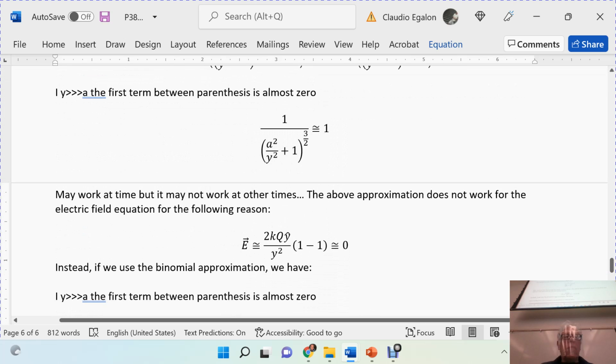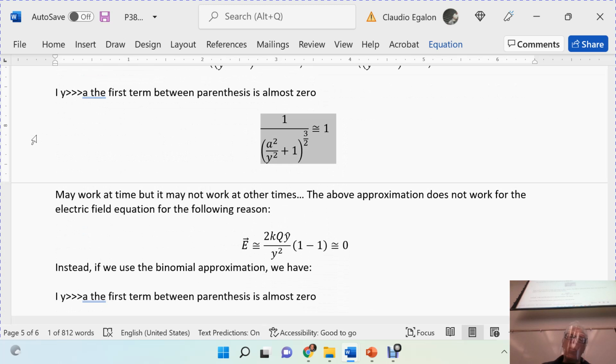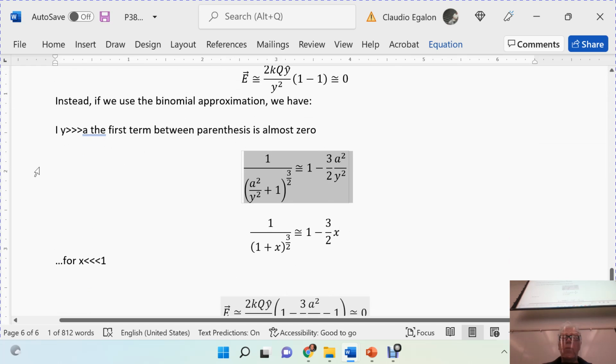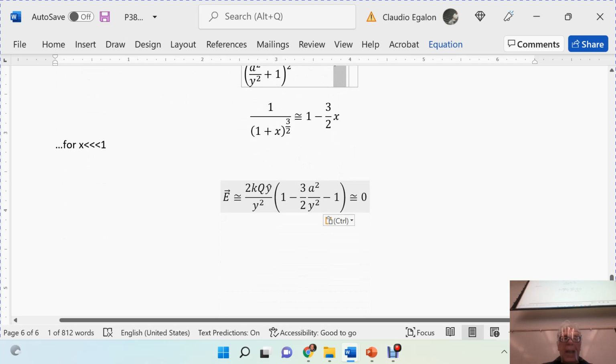What we did here is called the zero order approximation, which sometimes works, sometimes doesn't work, depending on the equation that you're dealing with. What we have here is not the zero order approximation, it's the second order approximation because we have a square here.